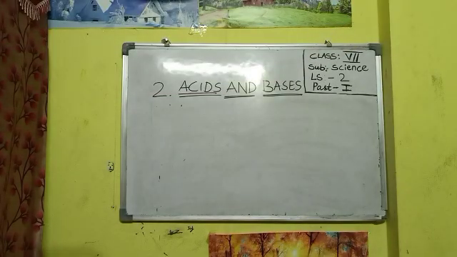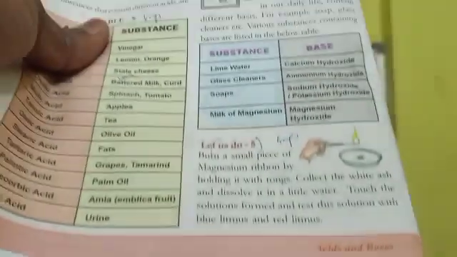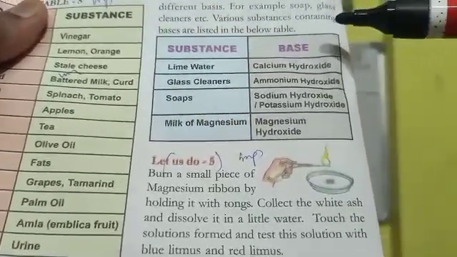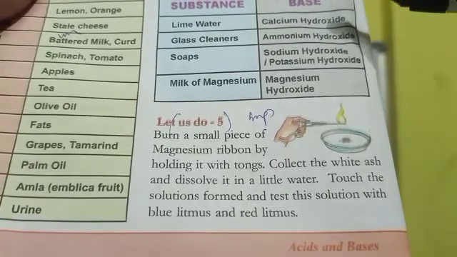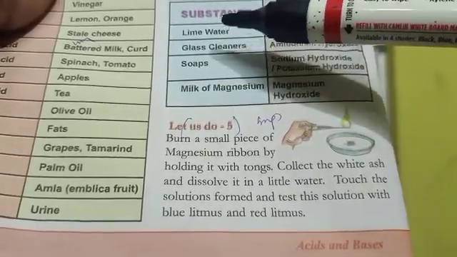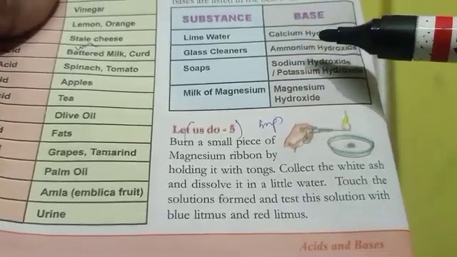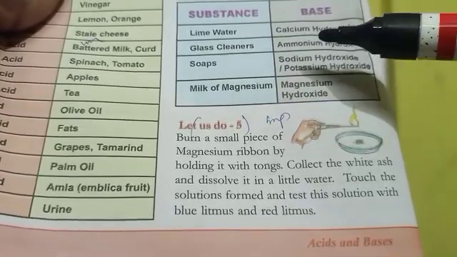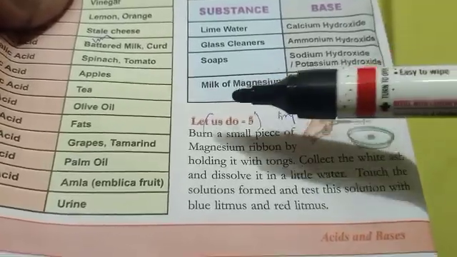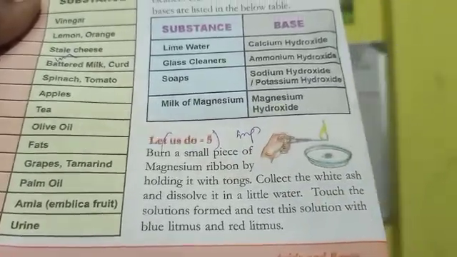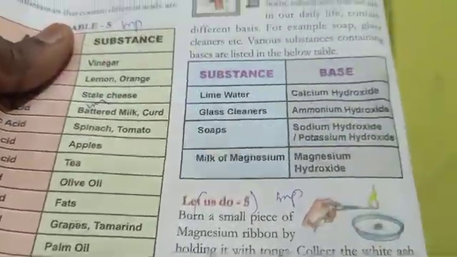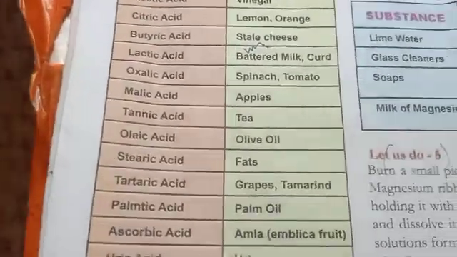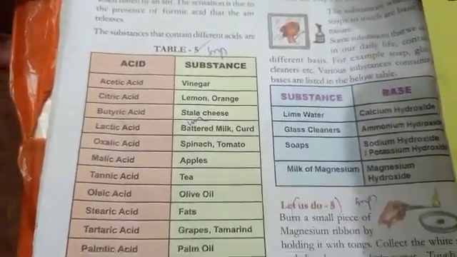And here, see what they have given, children. Substance and base. Lime water, calcium hydroxide is the base. The substance glass cleaners, base is aluminum hydroxide; soaps, sodium hydroxide; potassium hydroxide; milk of magnesia, magnesium hydroxide. So these are the substances and bases. These are acids and substances. These two tables you have to draw in the notebook later, children.